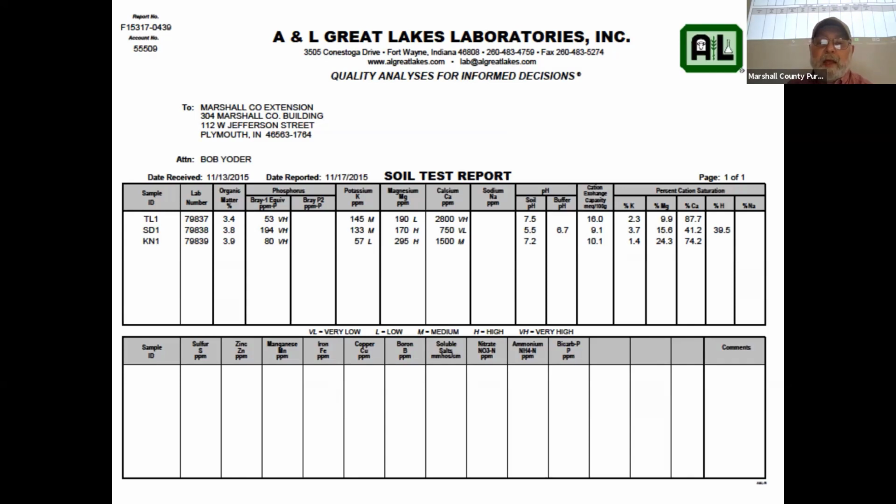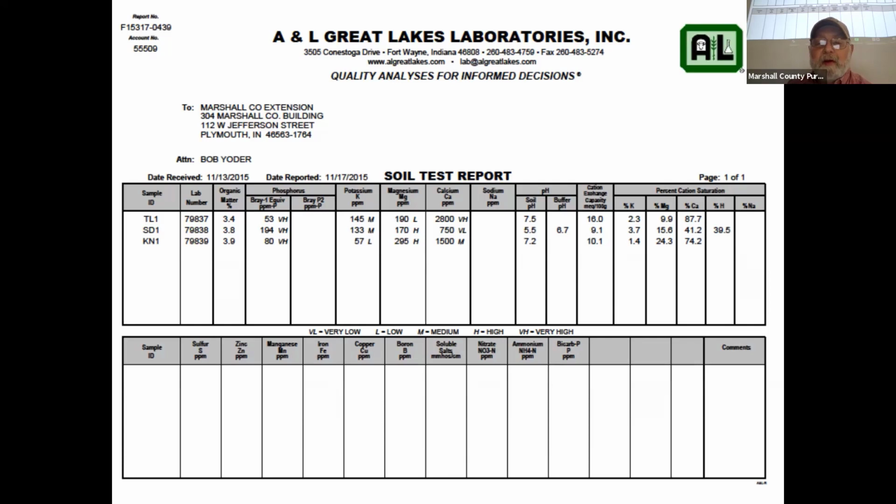And that makes sense then that soil calcium is very high, because of the pH being high and calcium being the liming agent we use to raise pH. And then also the 750 is very high.